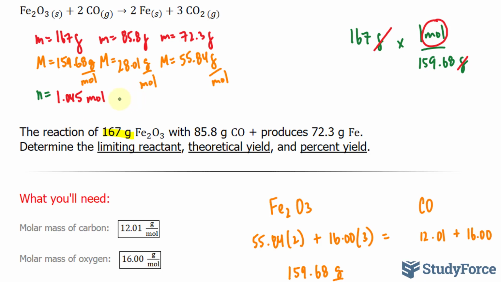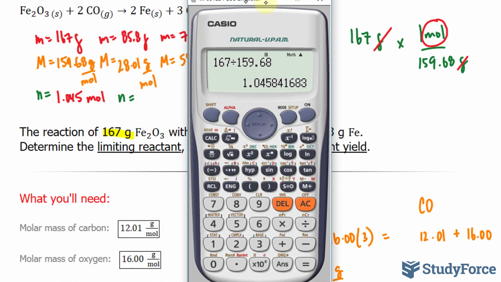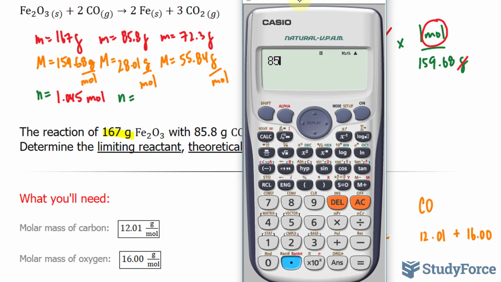Now we need to find the number of moles of carbon monoxide. And then from there we can decide what is the limiting reactant. Once again, I'll take 85.8 and divide it by this number. We have 85.8 divided by 28.01, and this gives us 3.063.